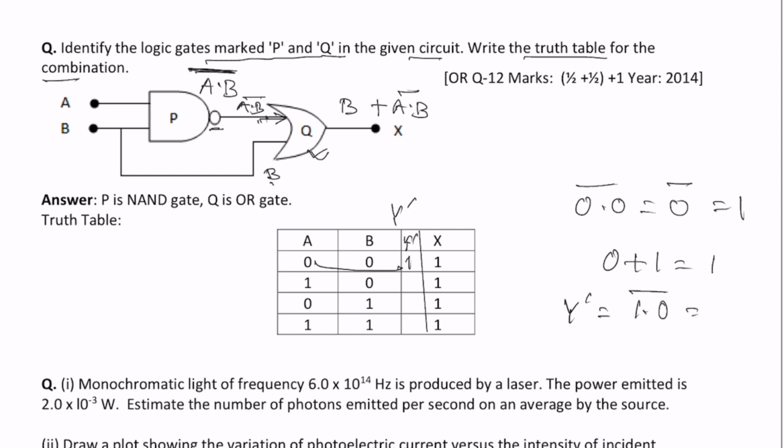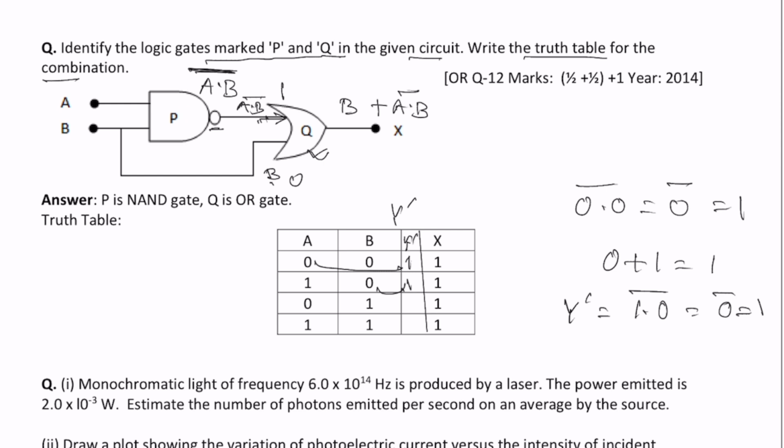So 0 not means 1. Now here it comes 1, here it comes 0, correct? So 1 plus 0 is 1, correct? The output will be 1.